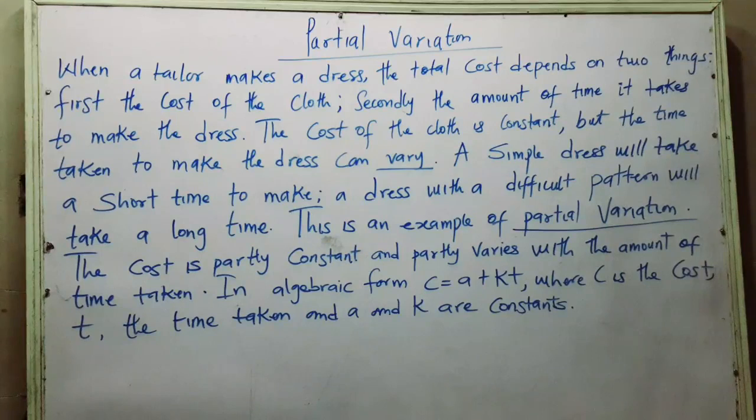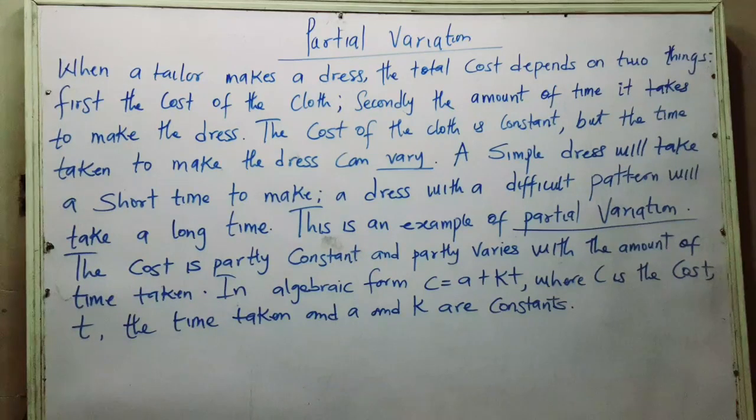And you can't expect the tailor to charge you the same amount when using a short time to make a dress as when making a difficult pattern that takes a longer time.